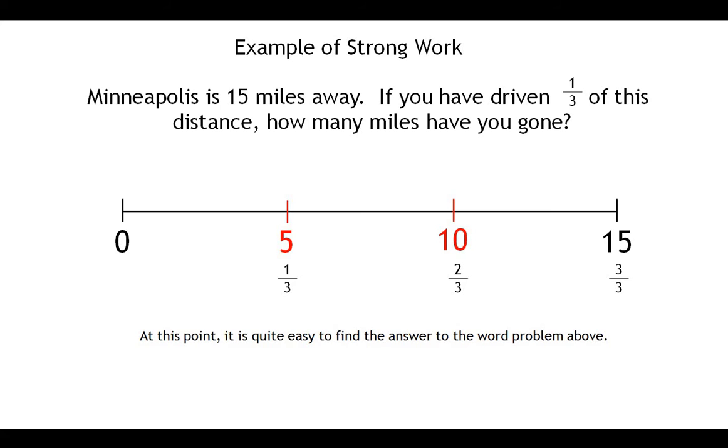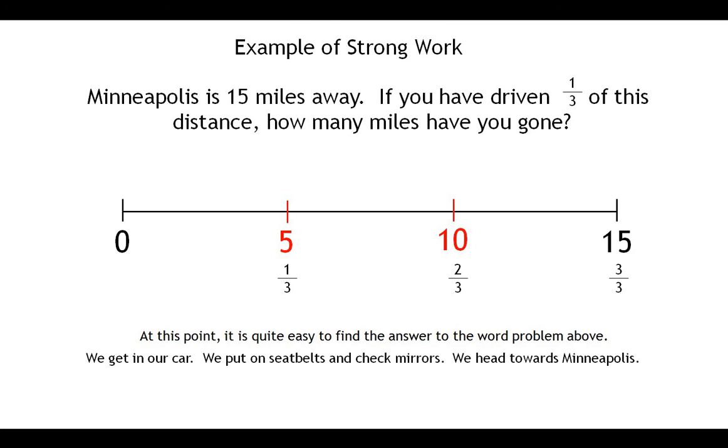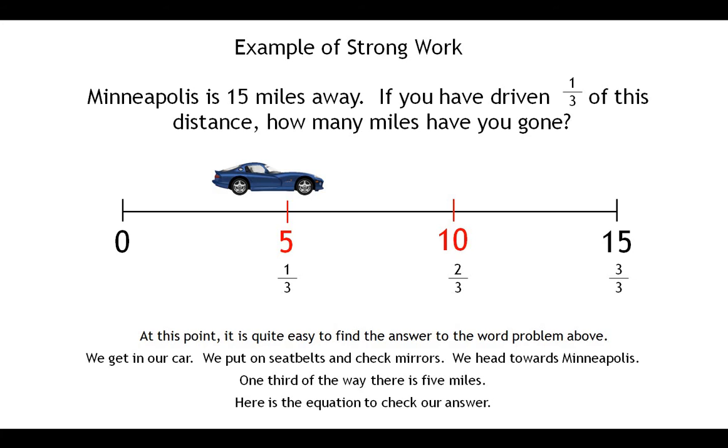At this point, it is quite easy to find the answer to the word problem above. We get in our car, we put on seatbelts and check mirrors, we head towards Minneapolis. 1/3 of the way there is 5 miles. Here is the equation to check our answer.